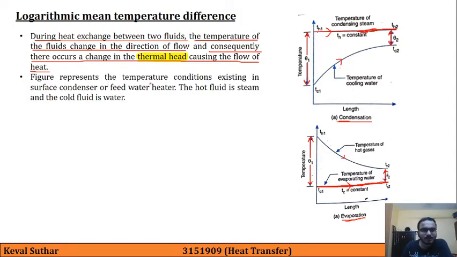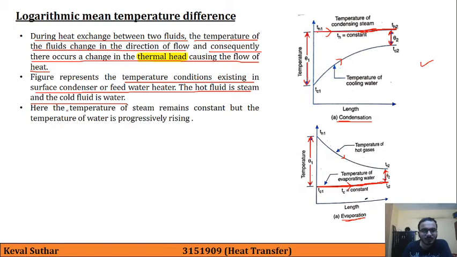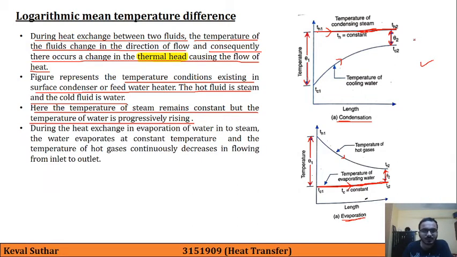So here the figure represents the temperature or condition existing in the surface condenser or feed water heater. The hot fluid is steam and cold fluid is water. So currently we are discussing this portion, first figure. Here the temperature of steam remains constant, but the temperature of water is progressively rising, as can be seen in the figure.